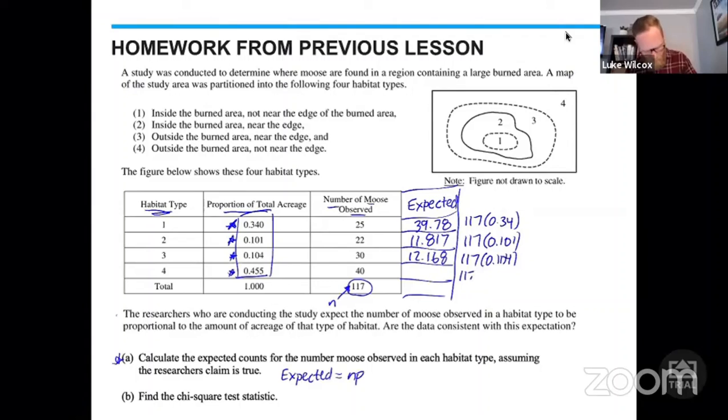Got to multiply that by the proportion, 0.455. And the answer is 53.235. Now, one way you can check to make sure all your calculations are correct is you can add up all those expected values, and they better add up to 117 or you made a mistake somewhere. Okay, so those are our expected values.